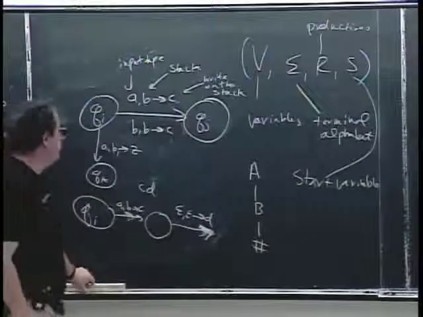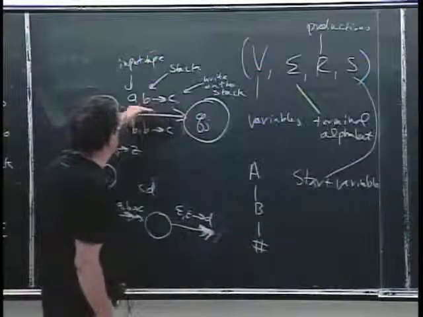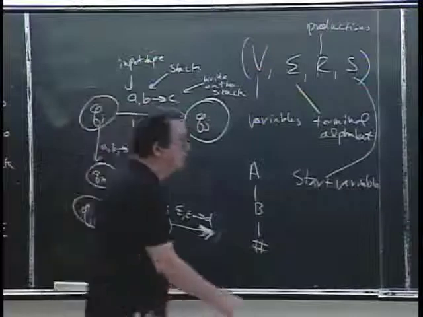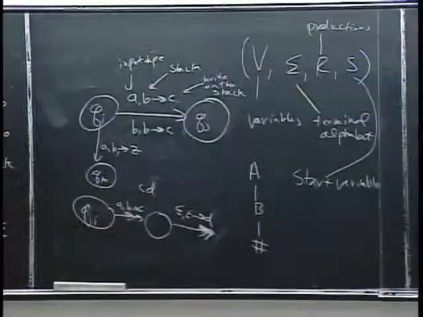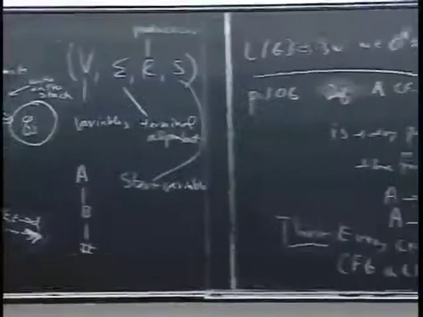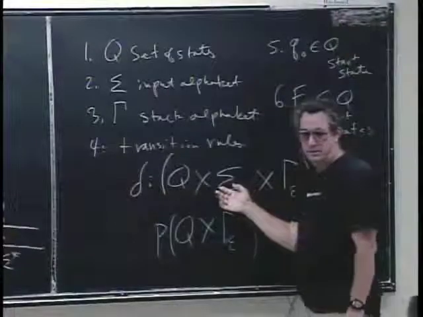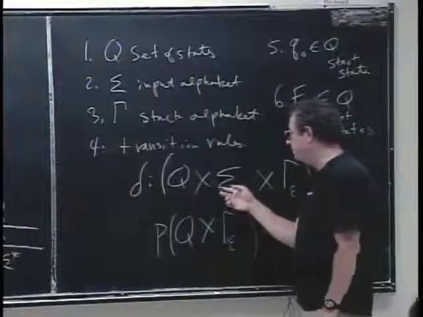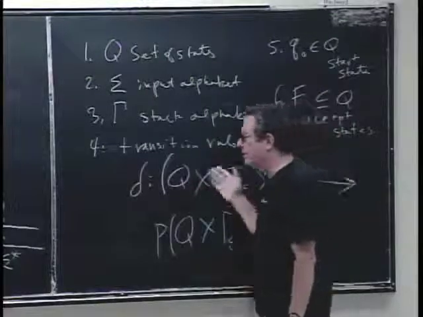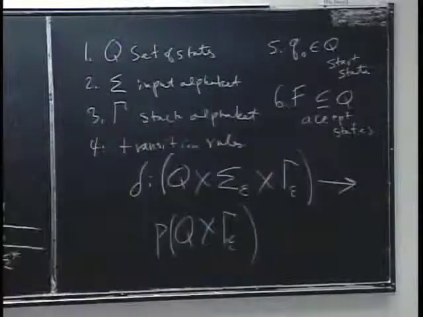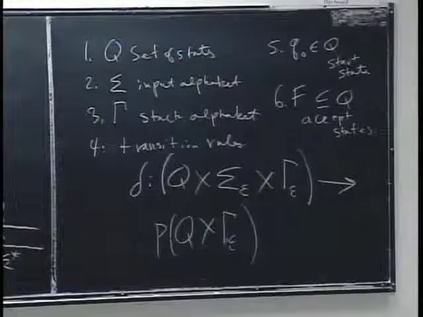Well, if you have multiple rules which have the same state and go to the same state, where only the input alphabet differs, according to the notation we've done so far, you would have to write each one of those as a separate arrow.